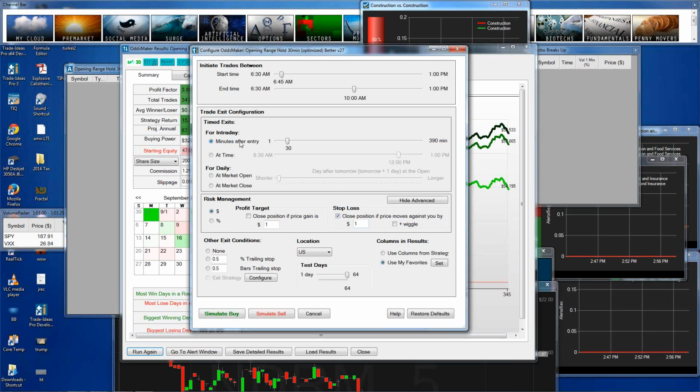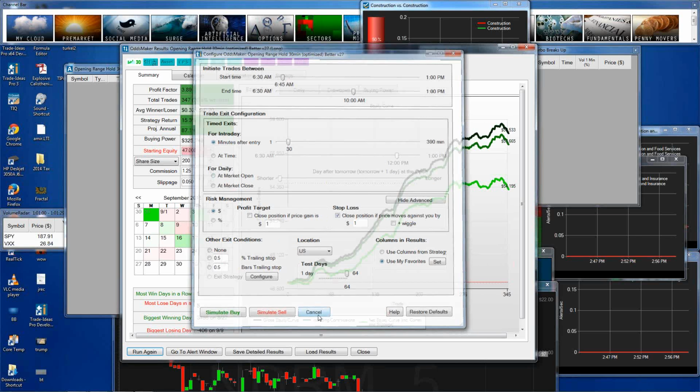Now, we do have options for the intraday hold times. We can say add a specific time or after so many minutes, and for you swing traders out there, we can say what happens if I hold for so many days and get me out at the open, or hold for so many days and get me out at the close.